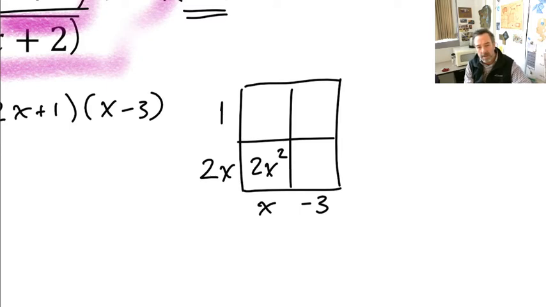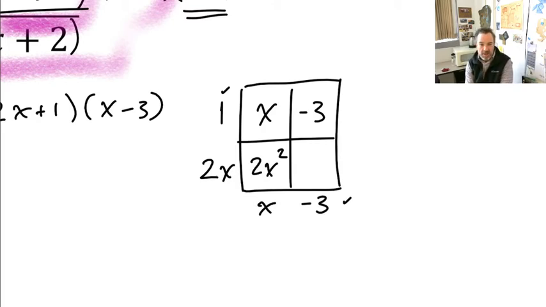Above that, I'm multiplying 1 times x. 1 times x is just x. In the top right, when I multiply 1 times negative 3, I get negative 3, right? 1 times negative 3 is negative 3.